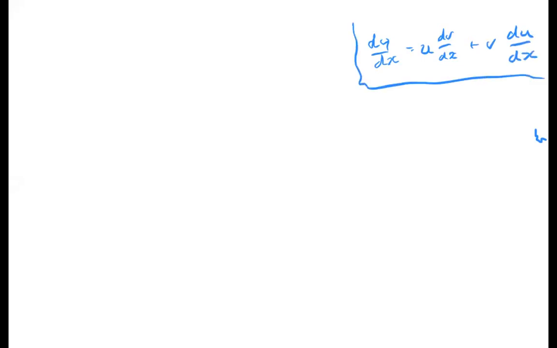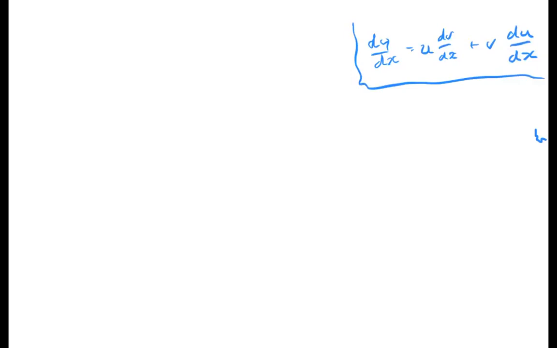So what we have is, let's just put this formula up in the corner. We've got dy by dx is equal to u dv by dx plus v du by dx. That's the formula that we're eventually going to use to solve this problem.